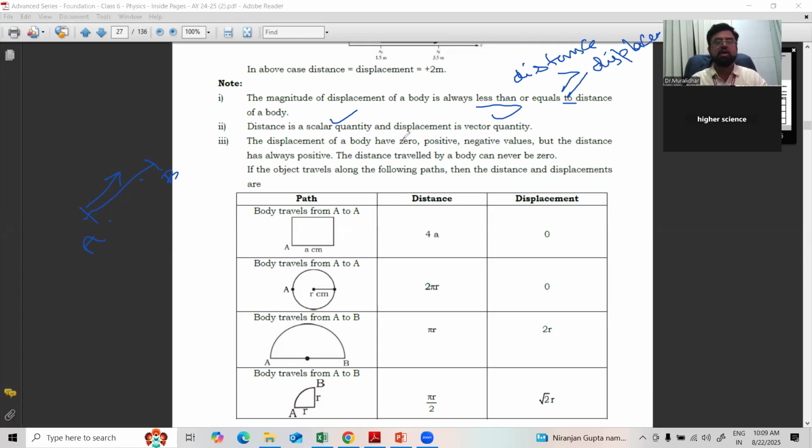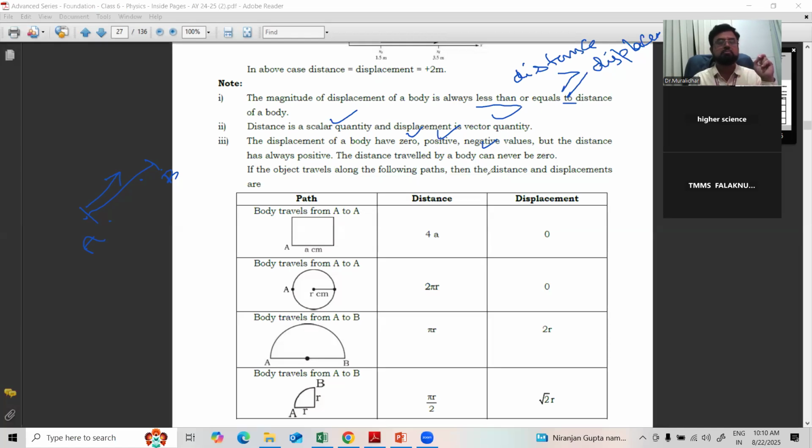So displacement can have zero, positive, or negative values, but distance is always positive. Distance cannot be negative.